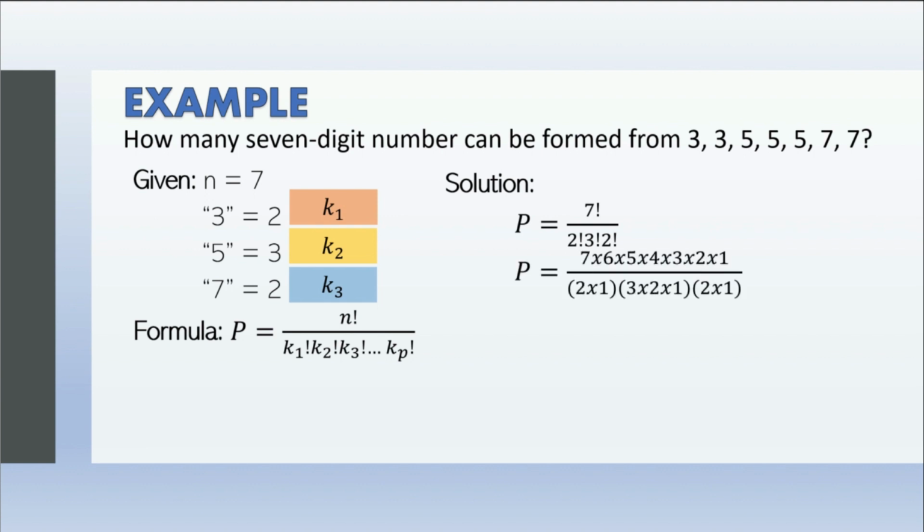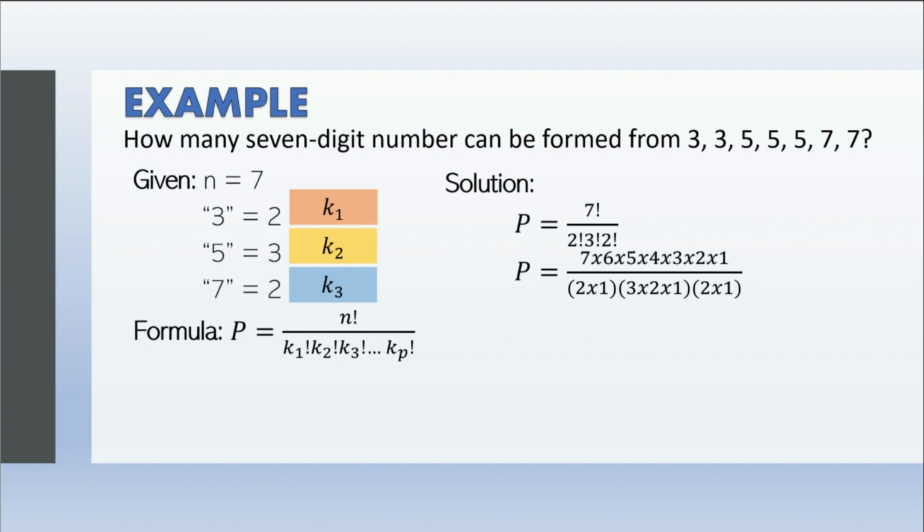7 factorial is equal to 7 times 6 times 5 times 4 times 3 times 2 times 1. And 2 factorial means 2 times 1. 3 factorial means 3 times 2 times 1. And again, 2 factorial means 2 times 1.